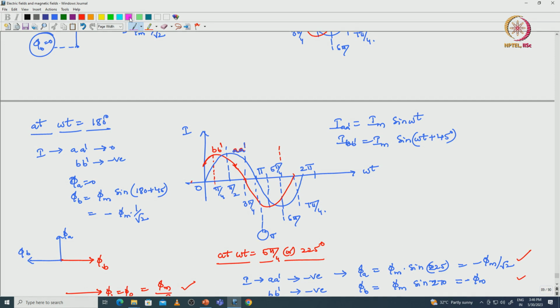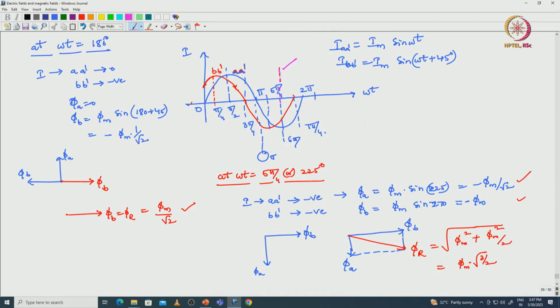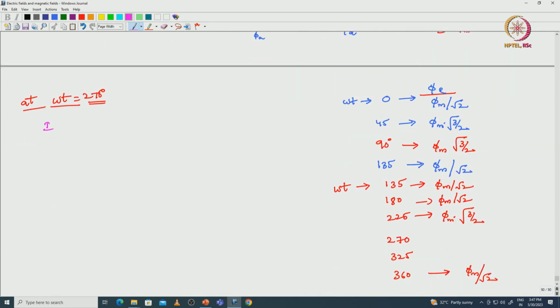At this instant we can see the current in A dash is maximum and B dash is smaller. So the current in the A dash coil is IM sin 270 degrees, and the B dash coil is IM sin 325 degrees. Both are negative only.